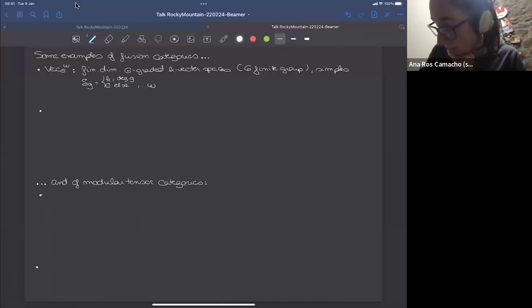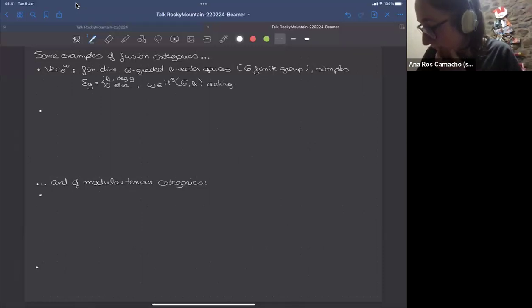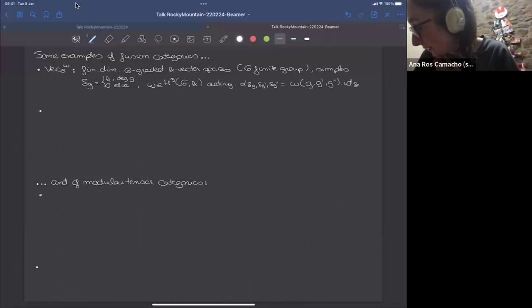And this omega is actually a 3-cocycle that plays into the structure of the category, because if I take the associator, what I get is this 3-cocycle times identity.